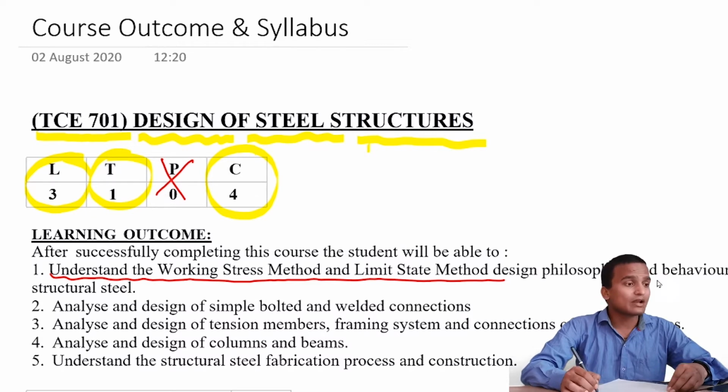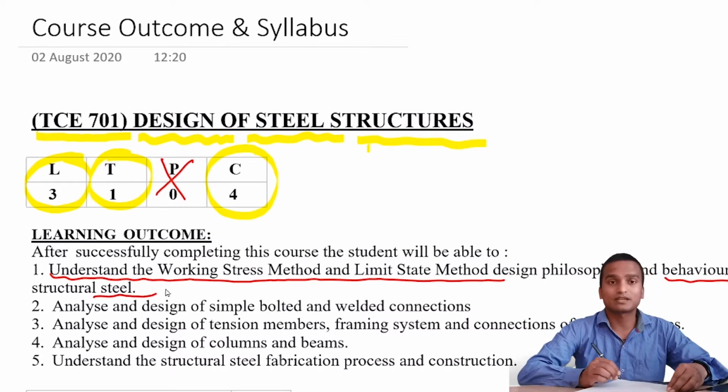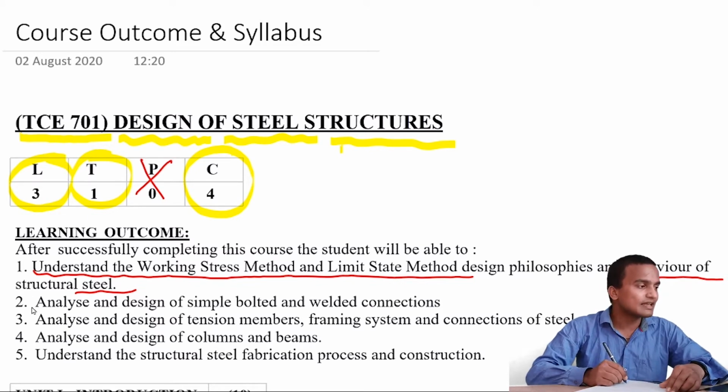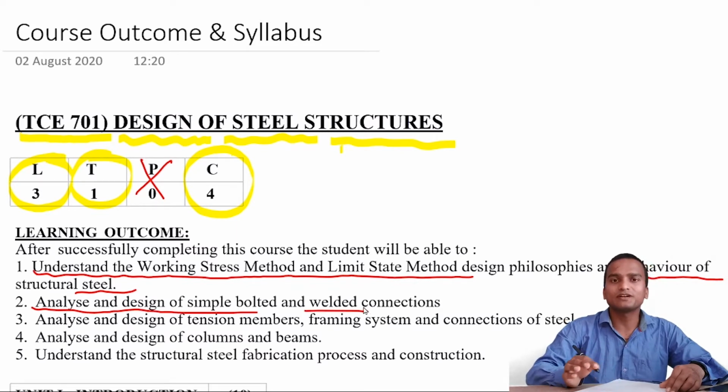Also, we will look through the behavior of structural steel as an introduction to steel. Then we will learn to analyze and design simple bolted and welded connections. These are 2 different methods of connections. This also will be covered in unit 1.